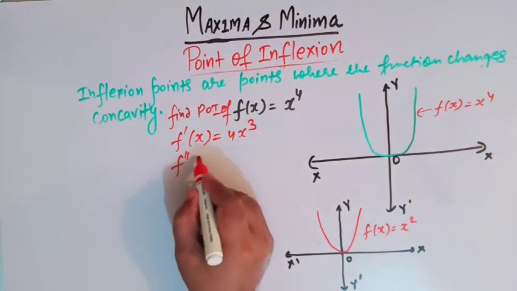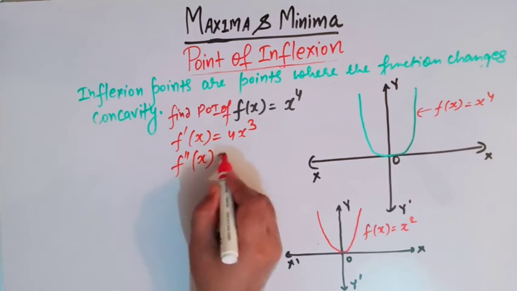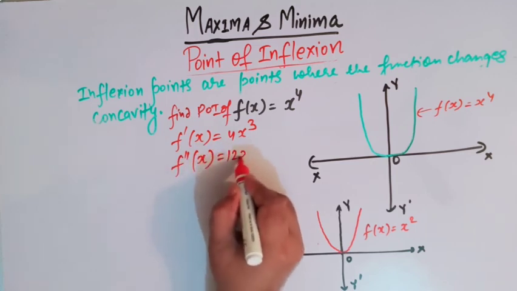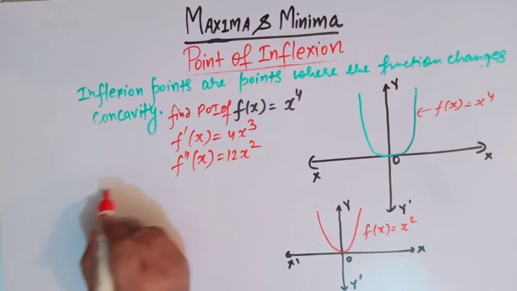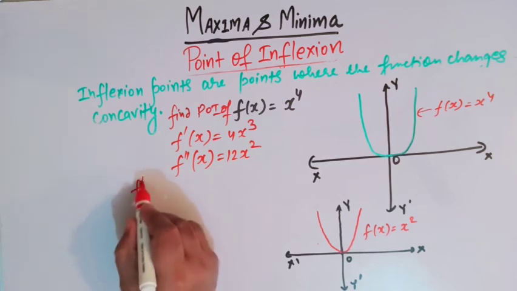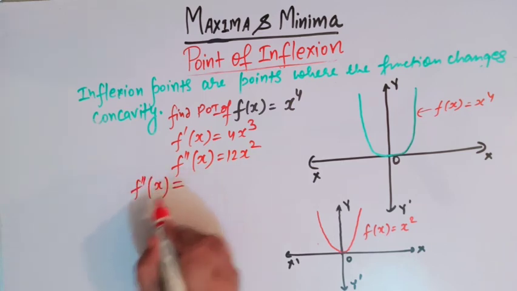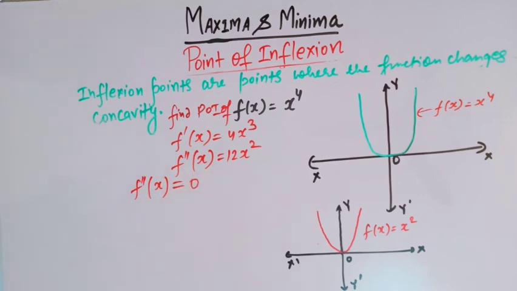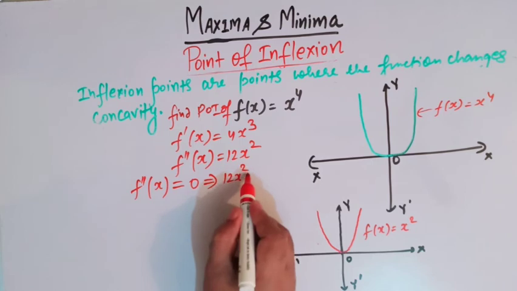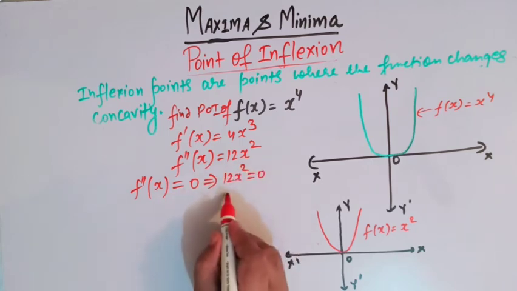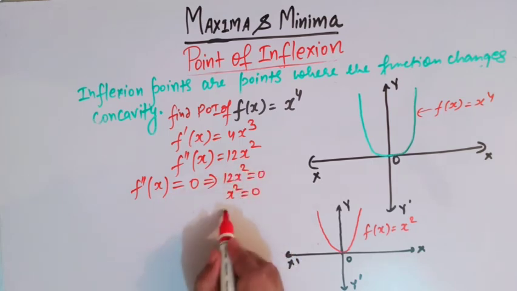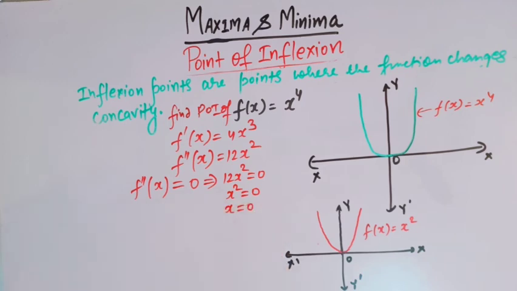Now differentiating this function, we get 12x square. Now the point of inflection can be obtained by putting the second derivative equal to 0, and this is 12x square equal to 0, and we have x square equal to 0, so we have x is equal to 0.